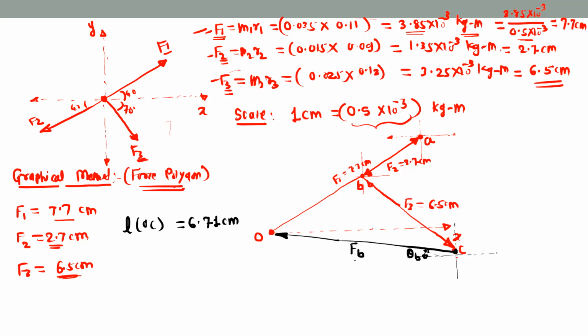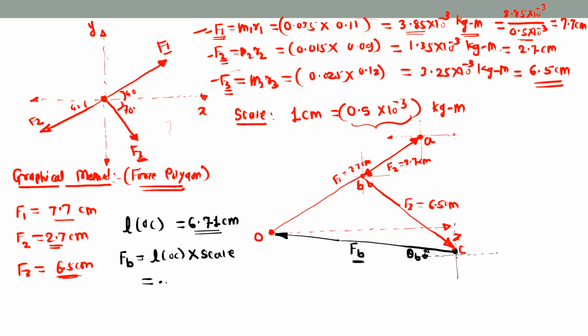So the balancing force FB is equal to length of OC. Now here, this is the length. We need to convert this in terms of force. So we need to multiply by this scale. So FB is equal to length OC into scale.